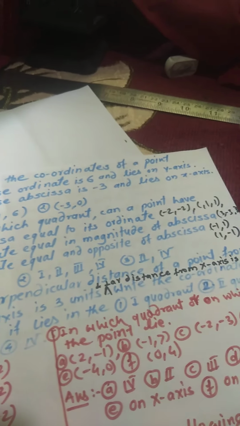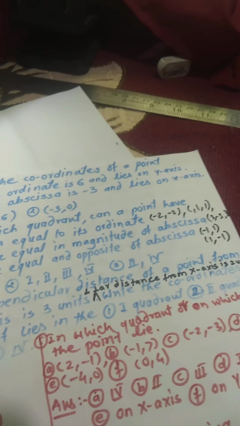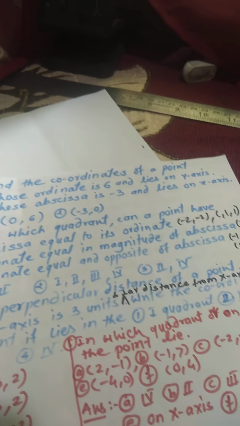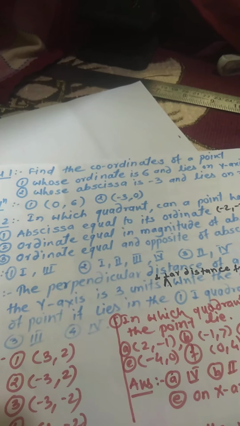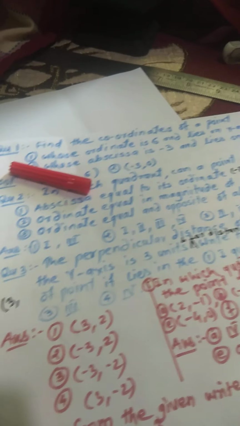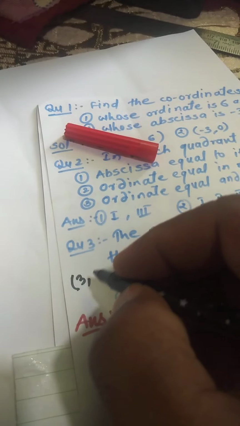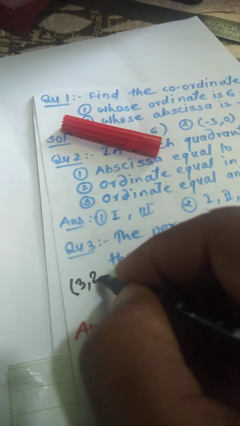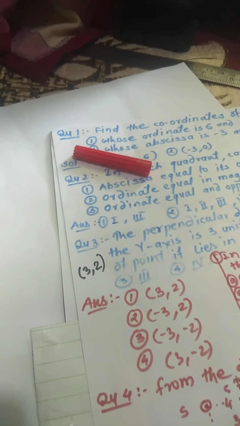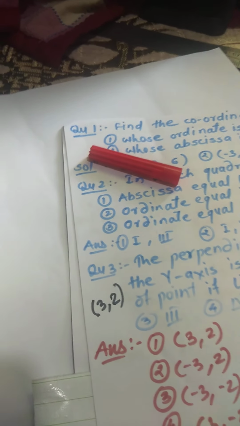So perpendicular distance from the x-axis means it is the y coordinate, and perpendicular distance from the y-axis means the x coordinate. So what is the coordinate of this? 3, 2. This is the point. If this point lies in the first quadrant, both are positive: 3, 2.